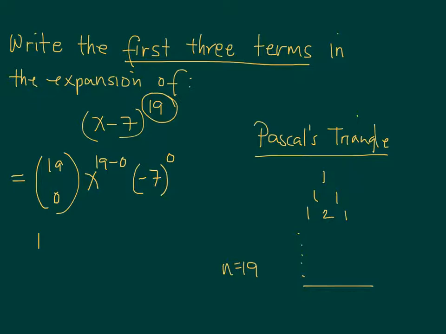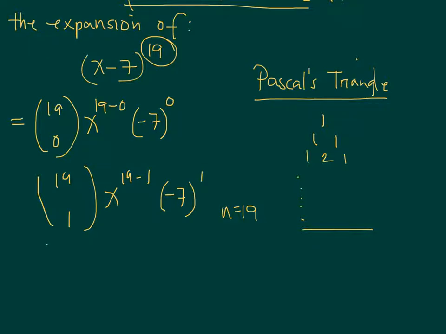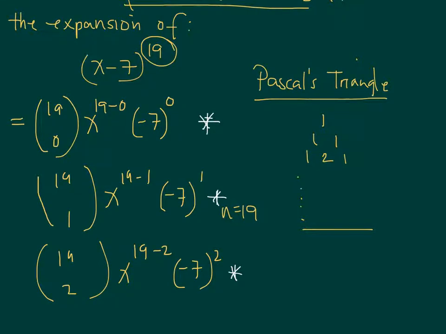And then the second term will be C(19, 1), x to the 19 minus 1, negative 7 to the 1. And the third term is C(19, 2), x to the 19 minus 2, negative 7 squared. So this is the first, the second, and the third. You simplify these three terms and you're done, right?